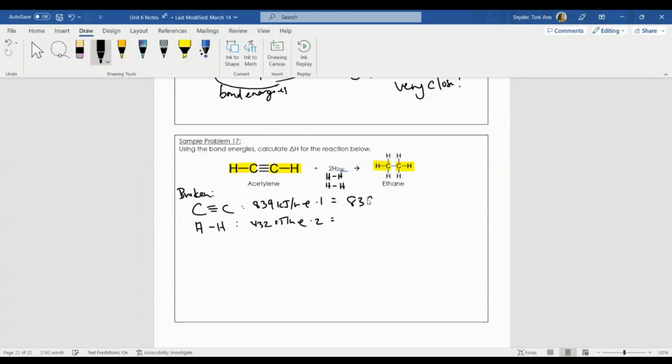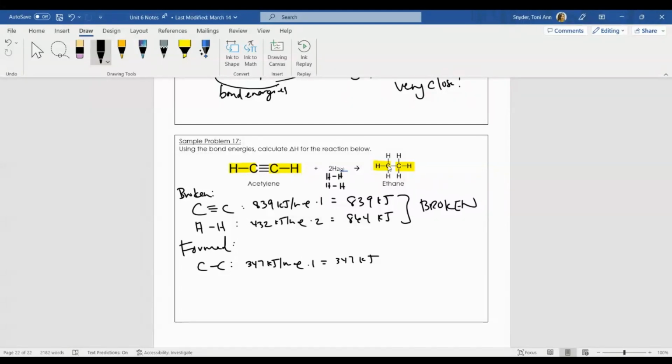So this is 839 kilojoules, and 432 times 2 is 864 kilojoules. These are the bonds that are broken. Let's take a look at bonds that are formed. Looks like I'm forming a carbon-carbon single bond in this case. My carbon-carbon single bond has a bond energy of 347 kilojoules per mole, and there's one of them, so that's 347 kilojoules.